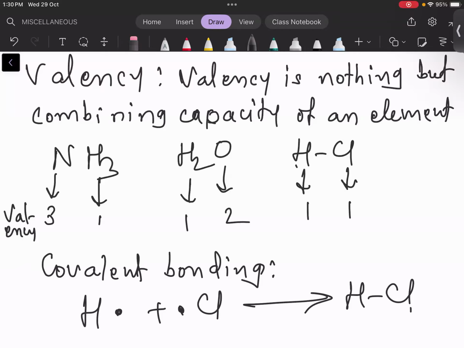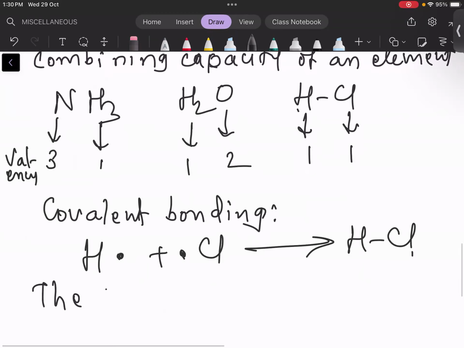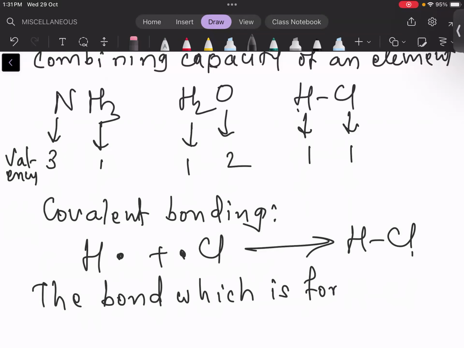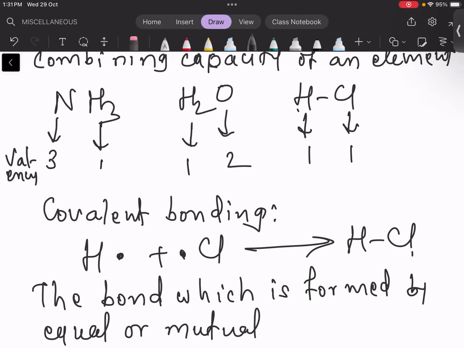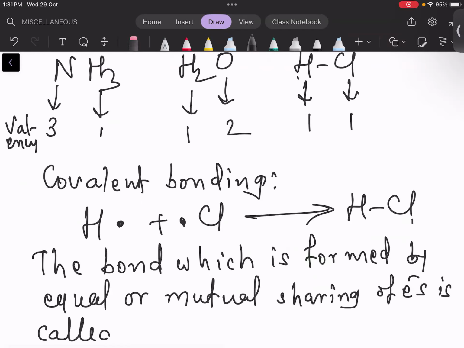So the bond which is formed by equal or mutual sharing of electrons is called covalent bond. What is it called? Covalent bond.